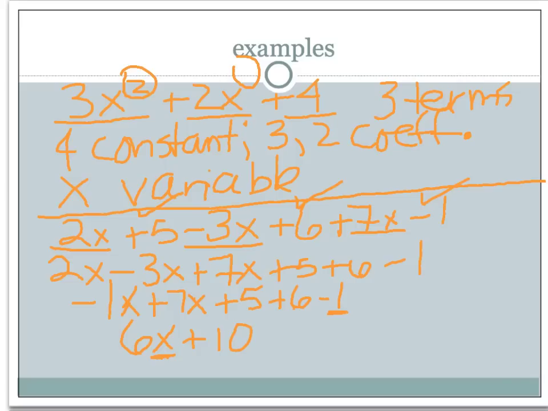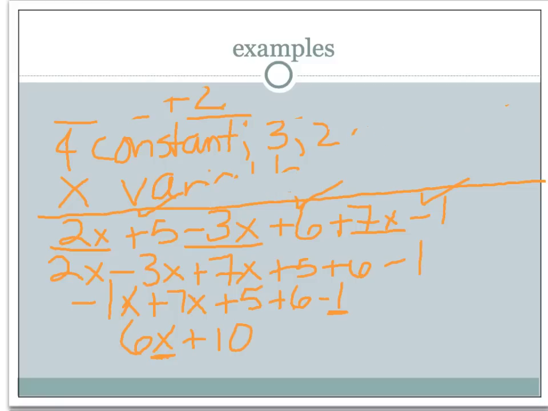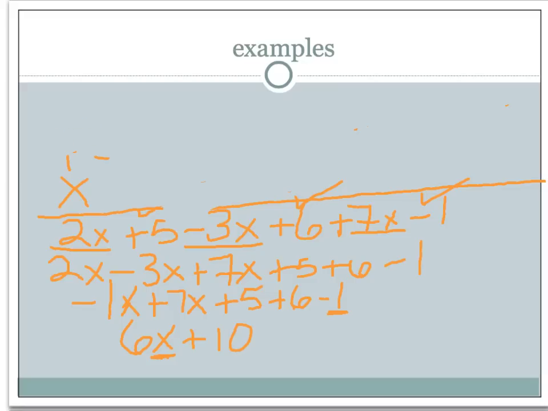How about we try another example? I'm going to erase this so I have some room. And let's throw a distributive property in there because they are always fun. And also, let's change the color of our pen to blue.